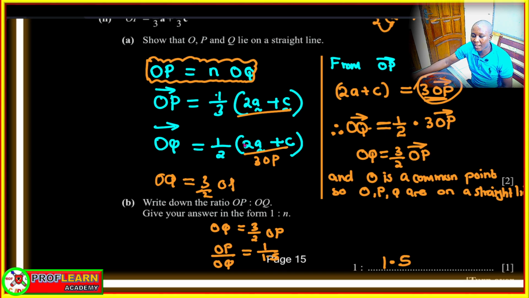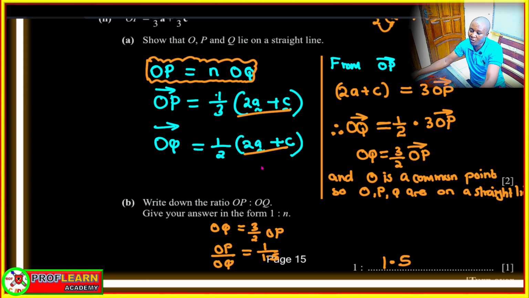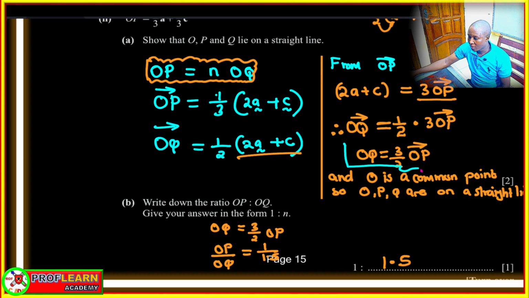I'm not dividing, I'm saying all of this we have here can be replaced with this. So let me just cancel that so that you are not confused and say that I divided here. I've not divided anything. OQ is this. But 2a plus c can be replaced with what? 3OP. And then our equation reduces to OQ is equal to 3 over 2 OP.